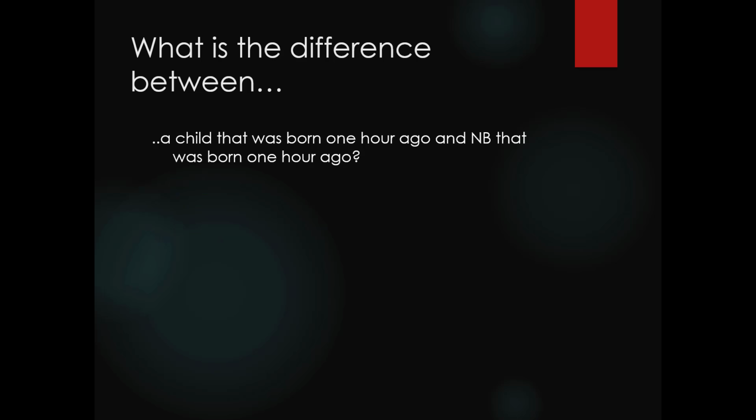What's the difference between a child that was born 1 hour ago and a newborn that was born 1 hour ago? Again, pause, think about it. They are essentially the same thing for us in our everyday lives.